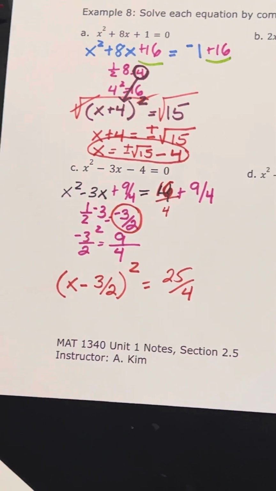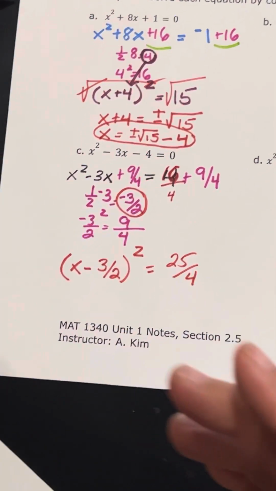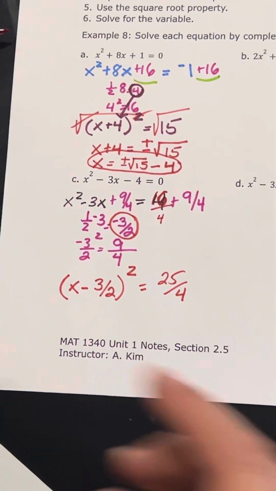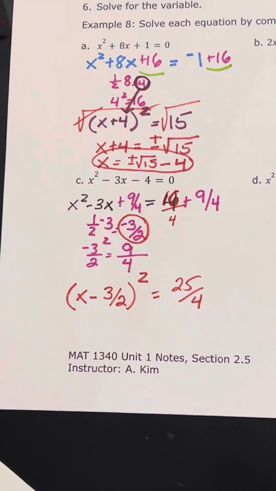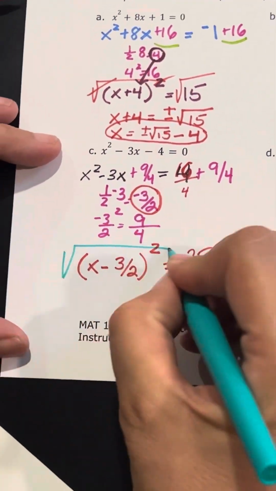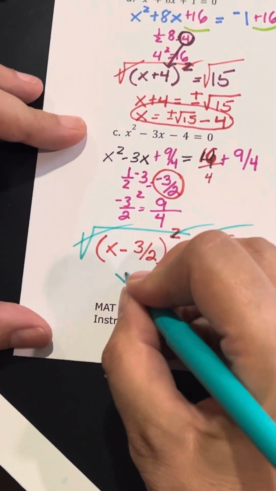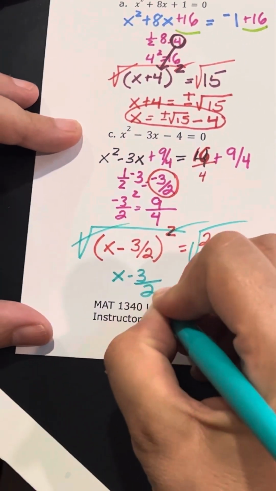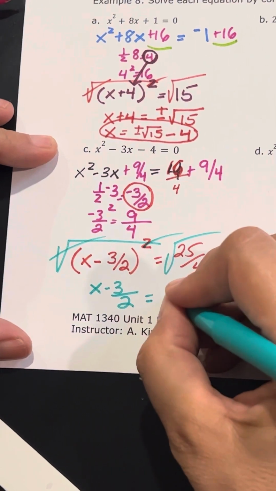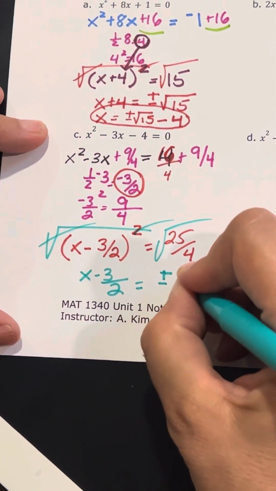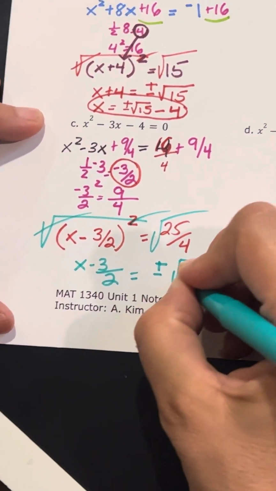Okay, just using the least common denominator and made that work. Now, we're going to square root both sides. That's going to cancel that out. We're going to square root this side, we're going to get x minus 3 over 2 equals plus or minus the square root of 25 over 4.